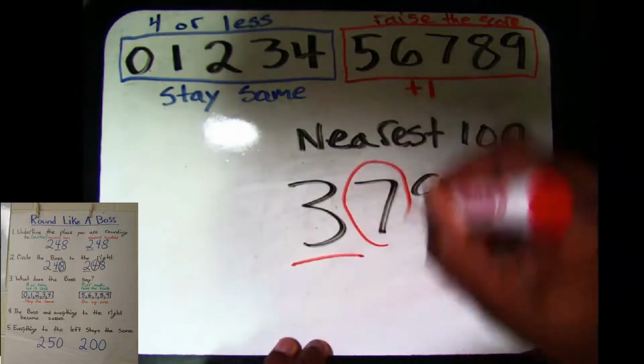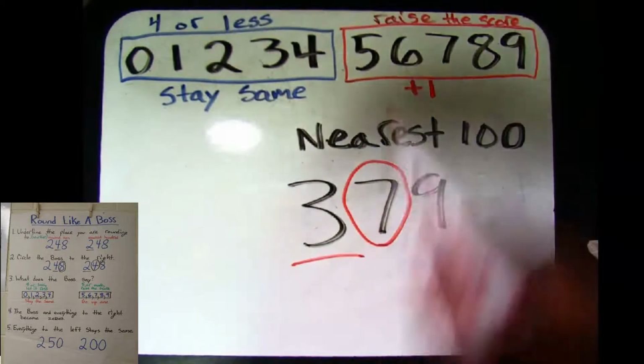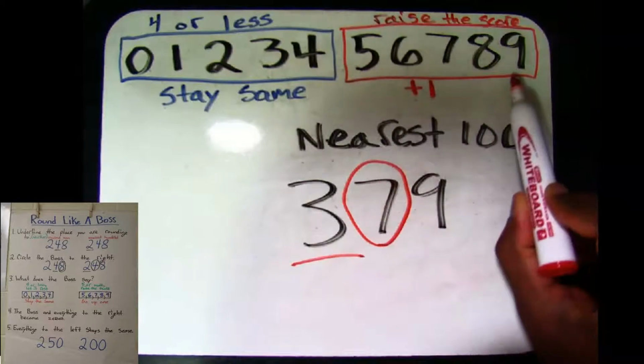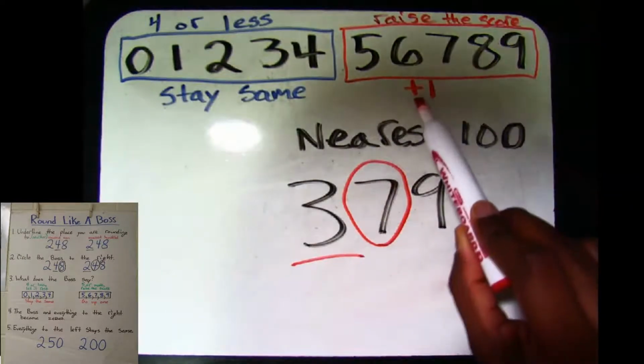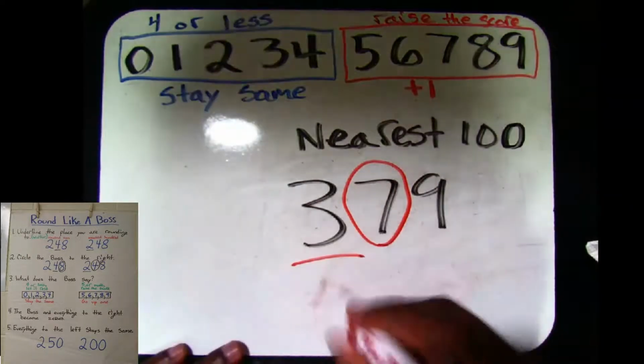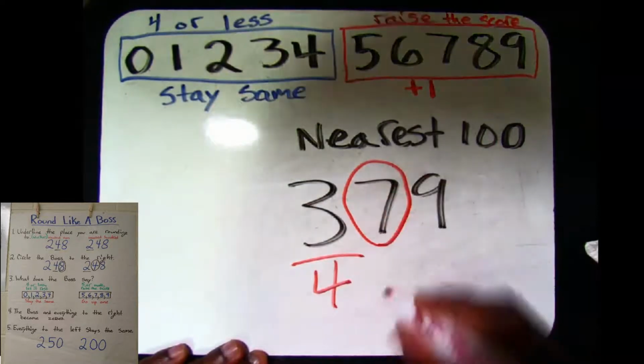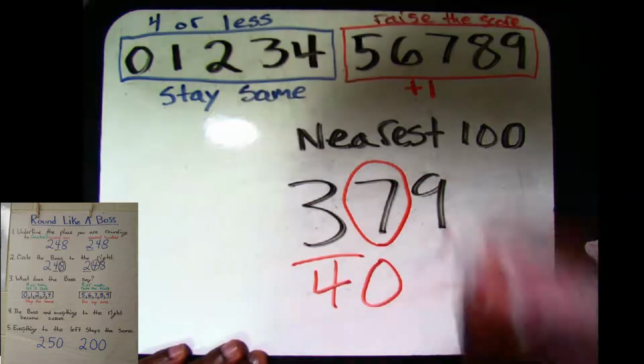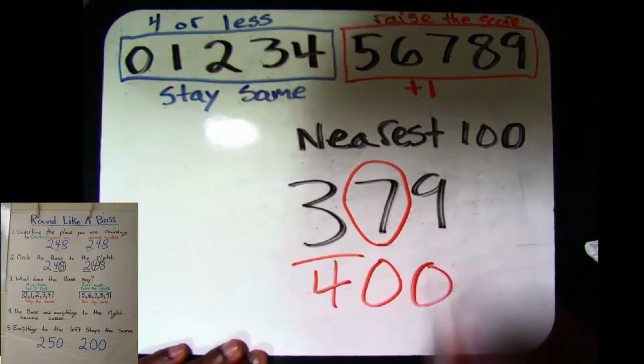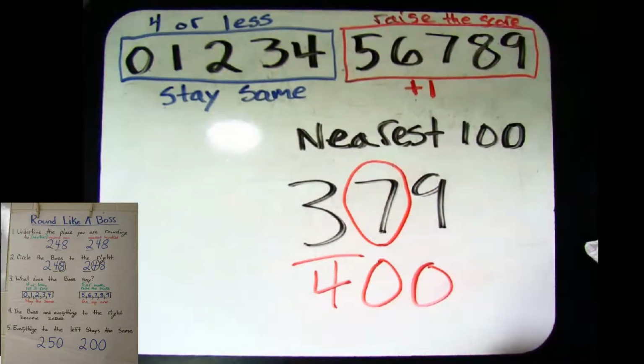The 7. The 7 is in the 5 or more category, so it's going to tell that 3 to go up 1. So that 3 is going to become a 4. That 7 is going to become a 0. And our 9 is going to become a 0. So 379 is going to round to 400.